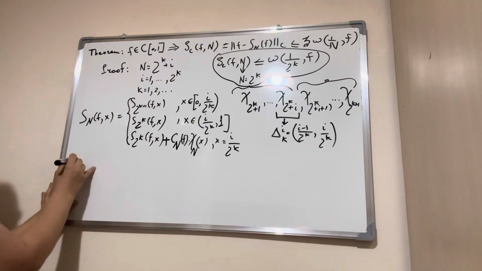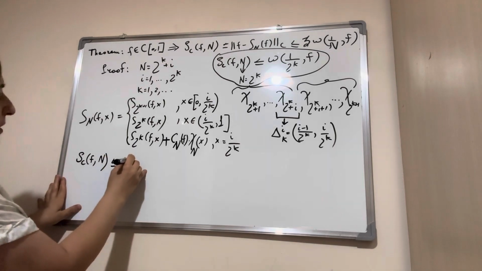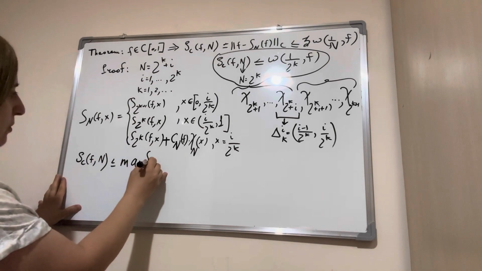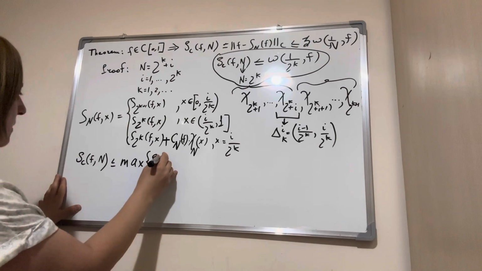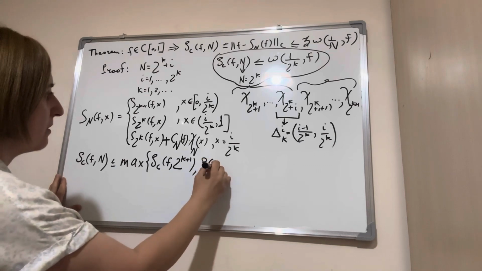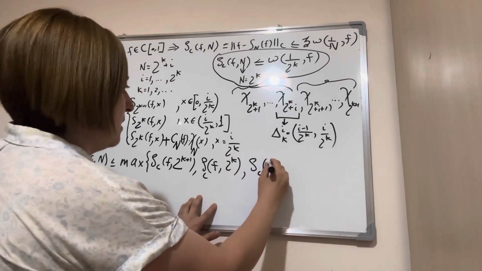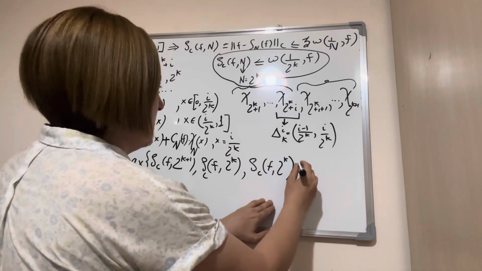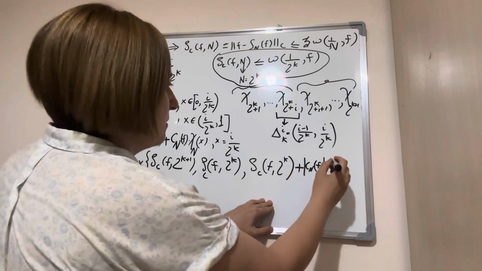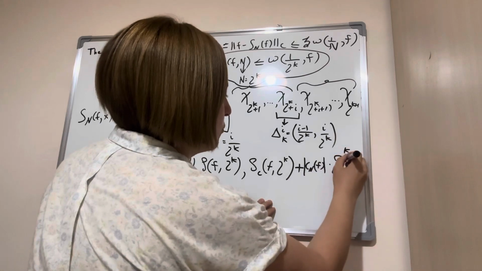So rho_C(f, n) is less than or equal to the maximum of the following three expressions: rho_C(f, 2^{k+1}), then rho_C(f, 2^k), and finally rho_C(f, 2^k) plus the absolute value of the nth Fourier-Haar coefficient times the maximum value of the nth Haar function, which is 2^{k/2}.